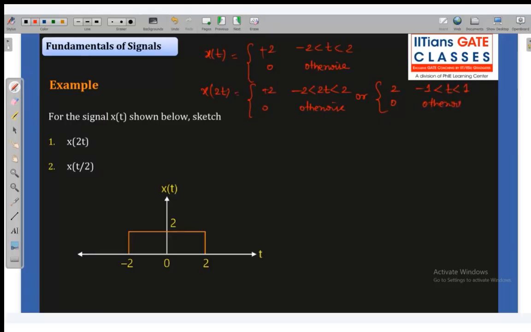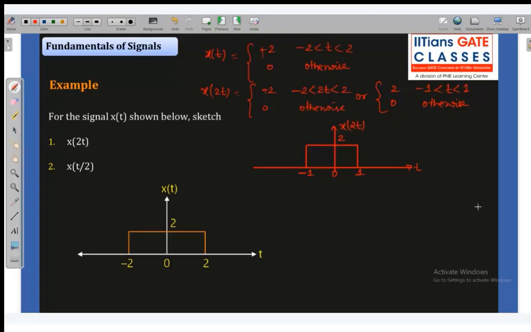So what you observe from here is that t is now ranging from -1 to 1. Previously it was -2 to 2, now it is -1 to 1. So basically you can say that the signal is compressed, like this, x of 2t.